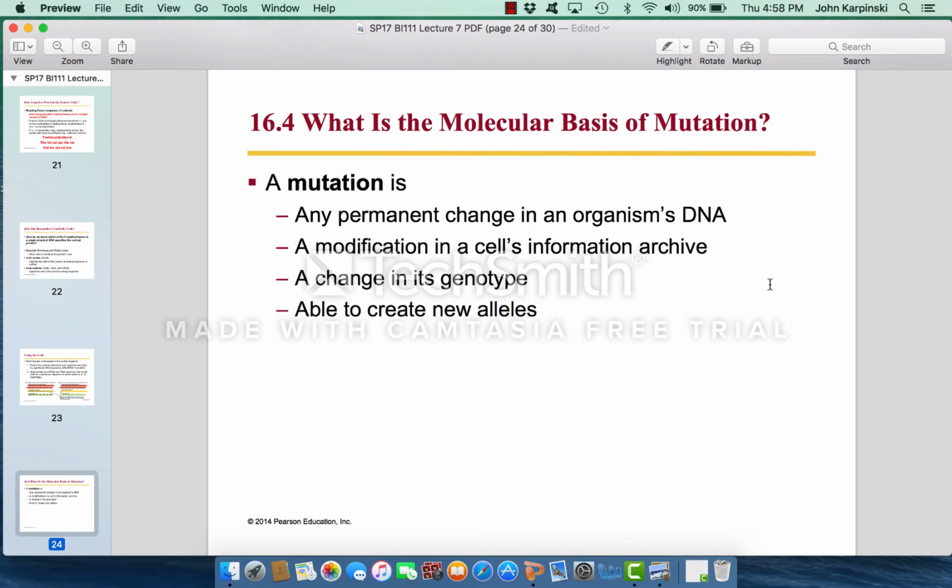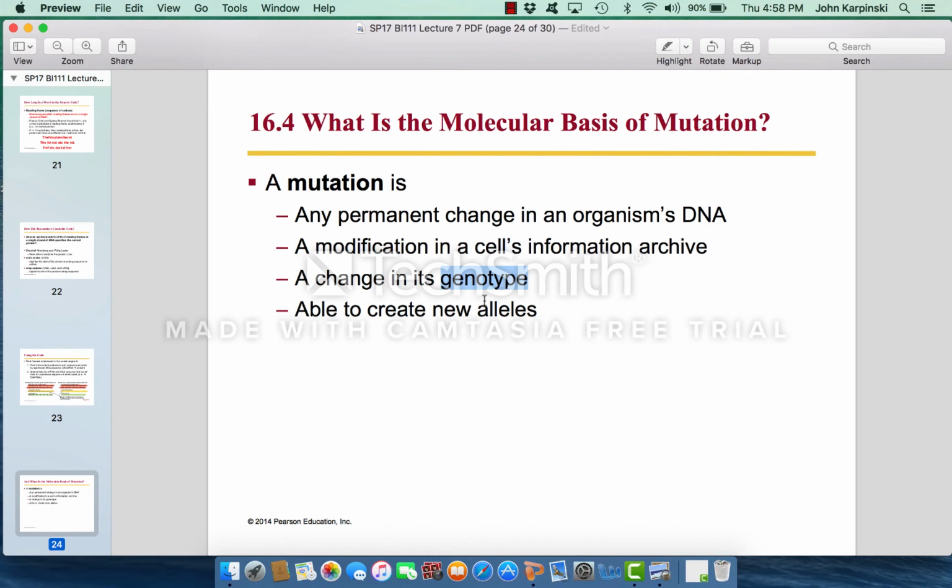And now we're going to return to the topic of mutation. We talked about mutation in our chapter on evolution. I defined mutation, and your textbook says it in different words, as the driving force of evolutionary change. A mutation is any permanent change in an organism's DNA. So by definition, mutation means change in DNA. If you change the DNA, you change the genotype of that organism.